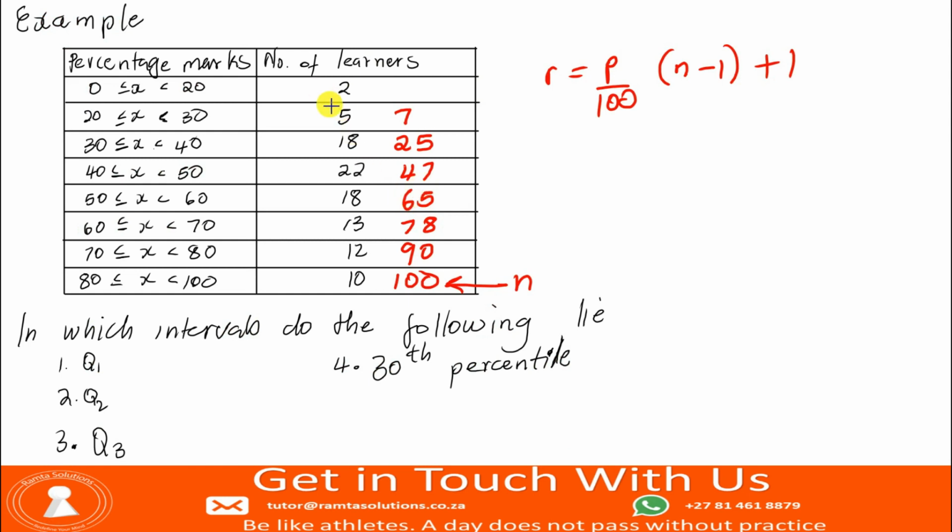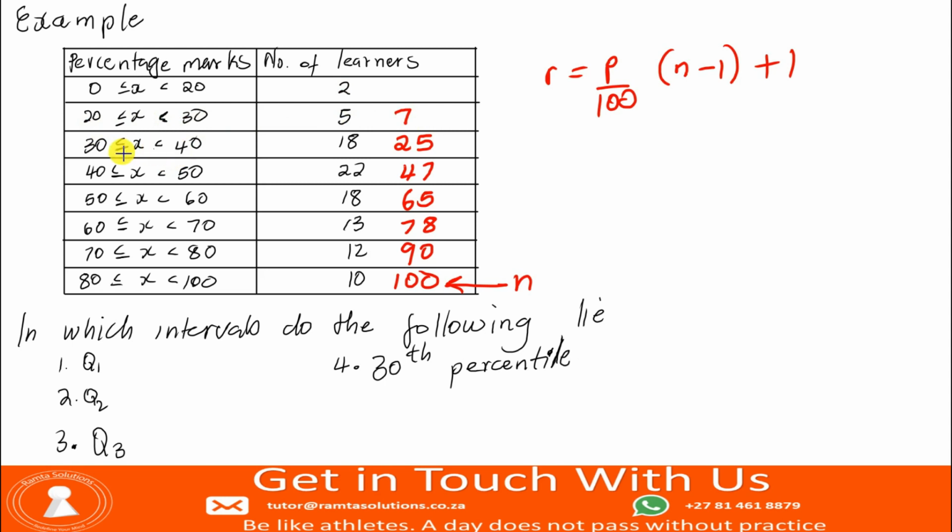Somebody is wondering, why are we not using these values as they are? Like saying, if you have 30, why are you not looking for 30? It will not really help, because this is basically a portion of it. Those that got less than 20 marks or 20% are 2. Those that got 20 and more but less than 30 are 5. But those that got less than 30 are 7.